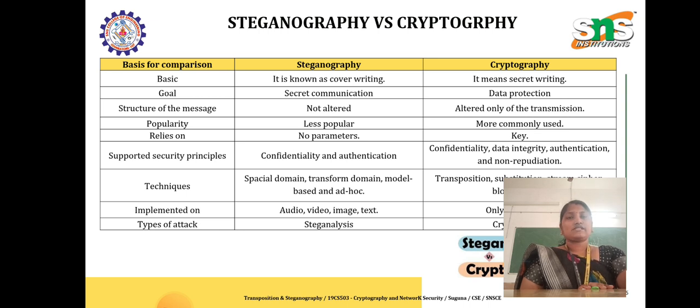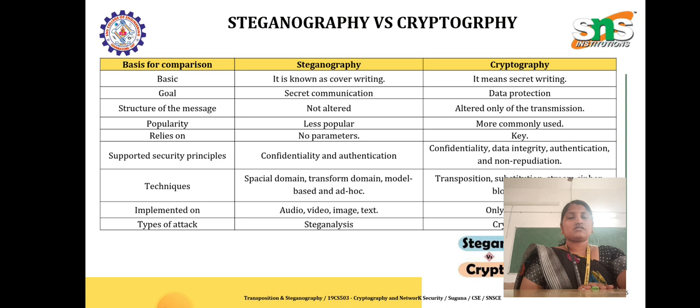The structure of the message cannot be altered in steganography, whereas in cryptography we can alter the structure of the message using substitution or transposition techniques, etc. Steganography is not as popular in use as cryptography, and it does not have any parameter to conceal the information, but cryptography has a parameter which we call a key in order to encrypt or decrypt your messages.